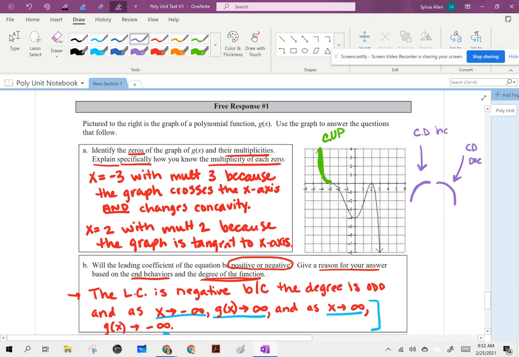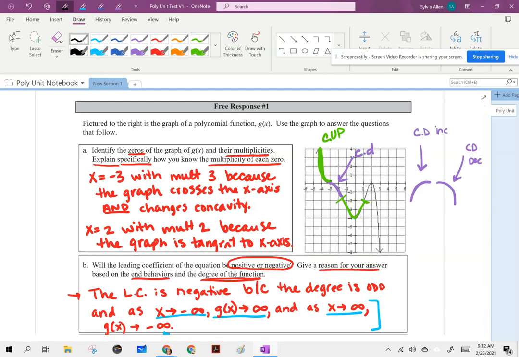Remember that at the multiplicity of 3, it changes concavity, but only to the halfway point. So this part right here is going to be concave down. And again, it changes concavity because that was the inflection point. And here is the other inflection point.